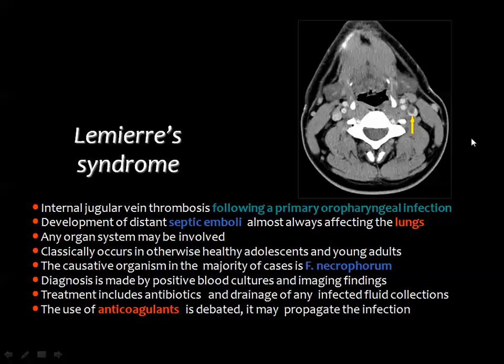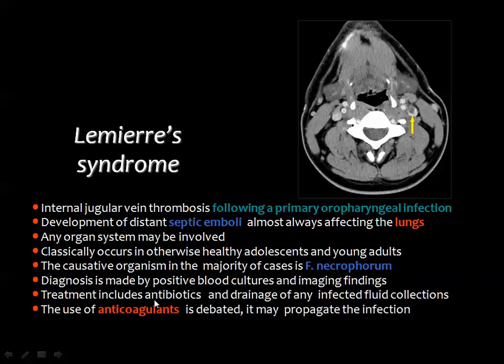And this septic thrombosis of the internal jugular vein may follow any primary infection in the surrounding area, including the oral cavity and the pharynx. One of the dangerous complications of this disease is the ability to send septic emboli, especially to the lung. Then these septic emboli may reach any organ, but commonly you can see it in the lung.